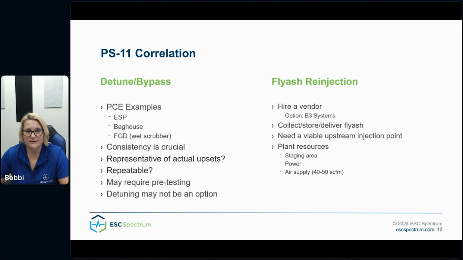I can tell you that 55-gallon drums work, and you also need to have a viable upstream injection point. And don't forget to determine your required plant resources and plan accordingly for things such as an appropriate staging area, power, and an air supply in order to do the injection.